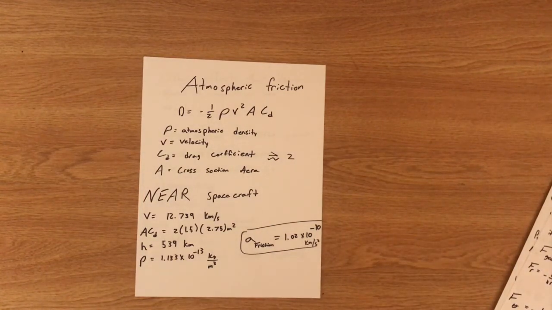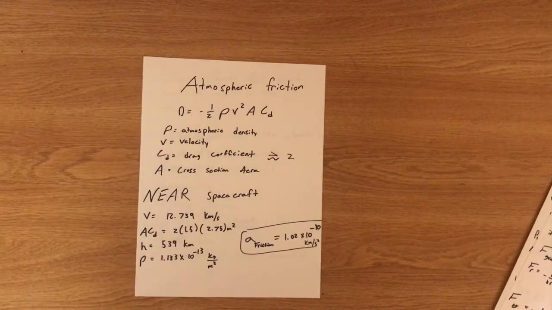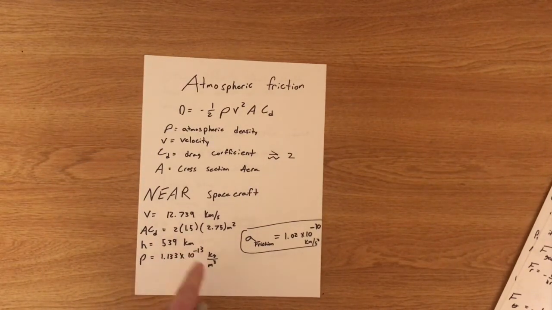On the NEAR spacecraft, we can plug in the constants to produce an acceleration of 1.02 times 10 to the negative 10 kilometers per second squared. Due to the small impact from the atmospheric friction on the NEAR spacecraft, since it was above 500 kilometers, we can neglect the effect from atmospheric friction for most spacecraft as they orbit around the Earth at a higher altitude than 500 kilometers.